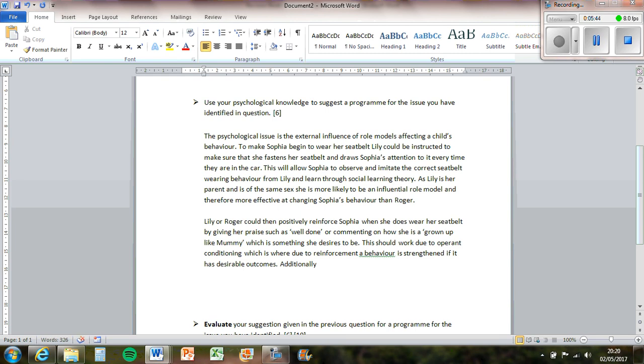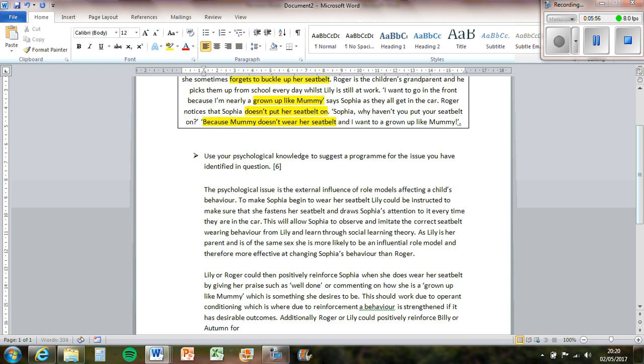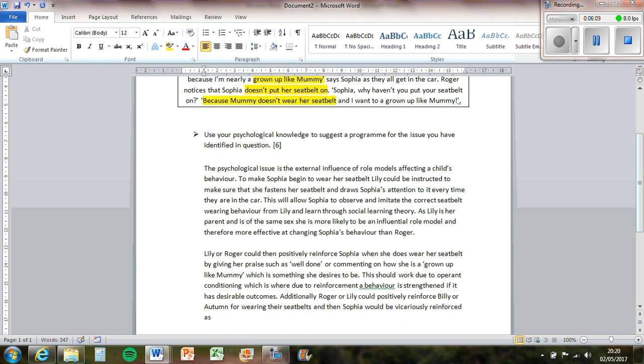Additionally, Roger or Lily could positively reinforce Billy or Autumn for wearing their seatbelts, and then Sophia would be vicariously reinforced, as she would want the positive reinforcement herself, and so wear her seatbelt, as her siblings are being rewarded for doing so.